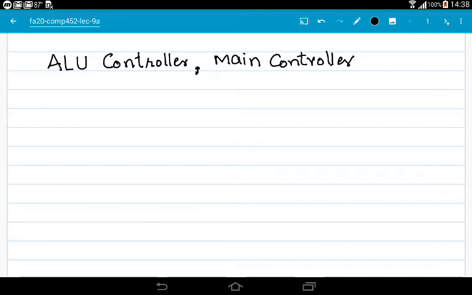How many control lines does our ALU have? If you remember, our ALU had 4 control lines.